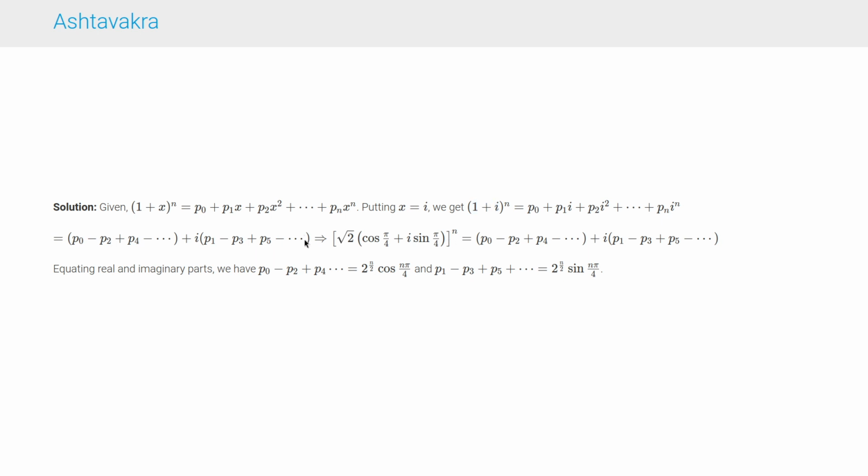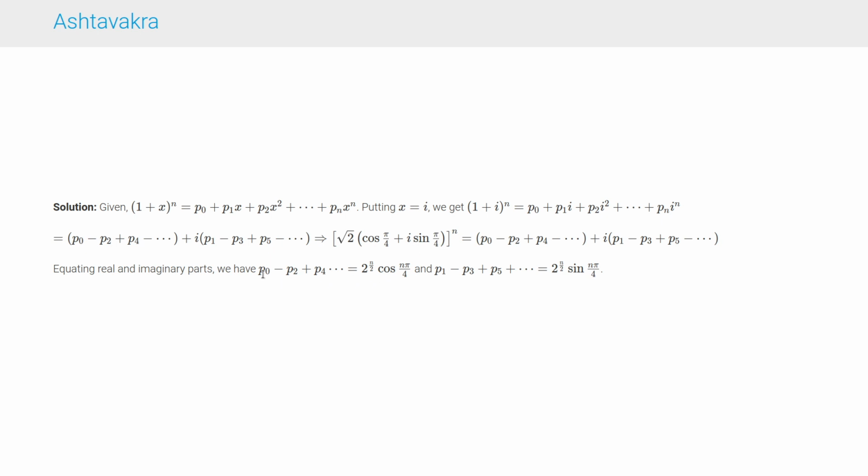Now this is equal to this, that is (p0 - p2 + p4 and so on) + i(p1 - p3 + p5 and so on). Now it is all a matter of equating real and imaginary parts. Now note that when you remove this power n, 2 to the power half is here, so it will become 2^(n/2). Cos θ will become cos nθ, that is cos(nπ/4), and i sin π/4 will become i sin(nπ/4).